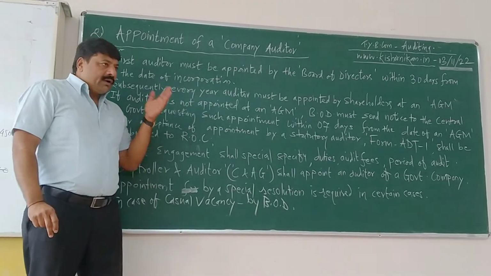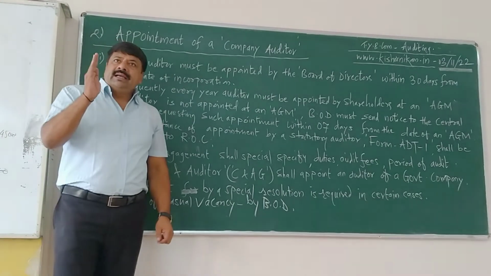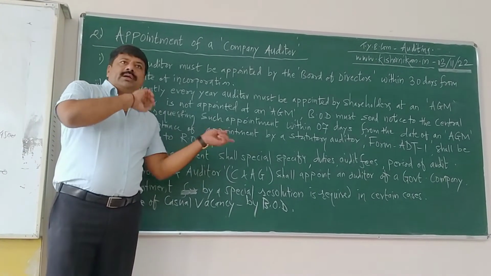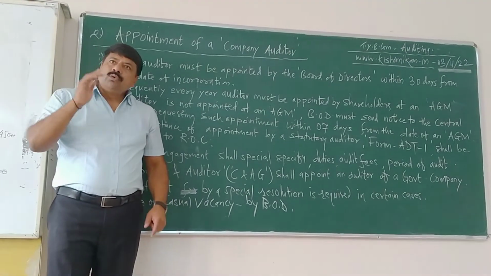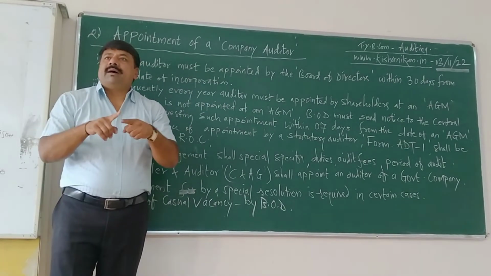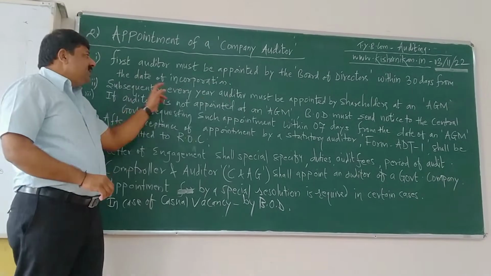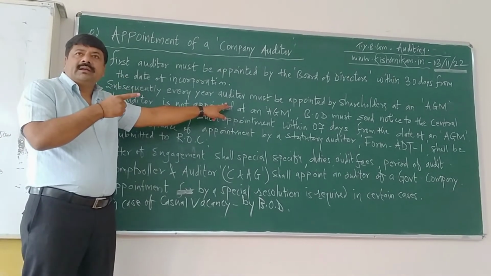You know, for every company it is compulsory to conduct an annual general meeting at least once in a year, in which the previous auditor's report shall be read out and the new auditor shall be appointed by passing a resolution by shareholders. So only shareholders will appoint the statutory auditor every year.